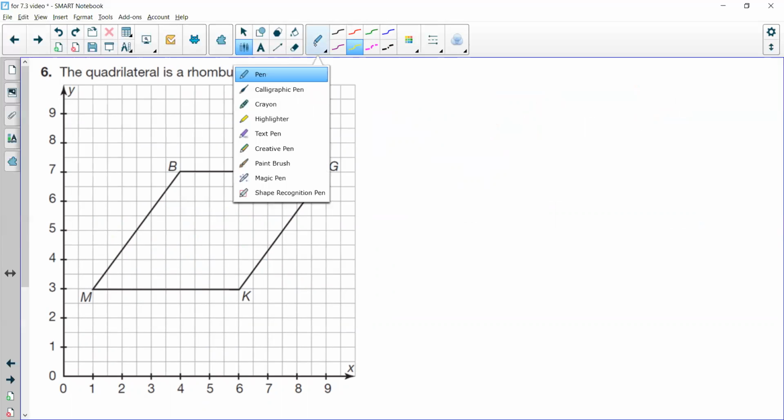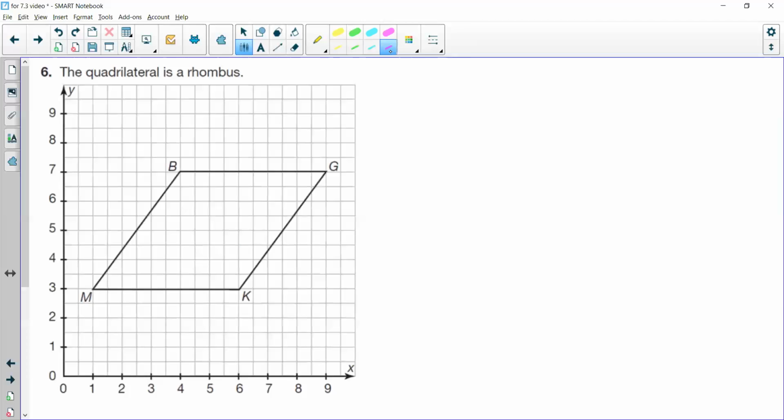So I will trace them on, going from B to K. And then we have another one from M to G. So we will need to construct a triangle, a right triangle, for the green diagonal, but then we'll also have to construct one for the purple triangle.